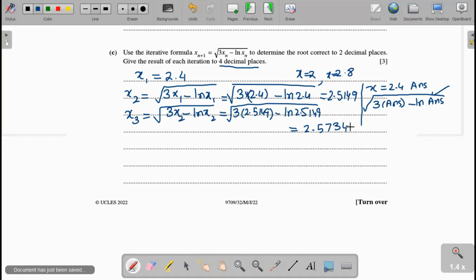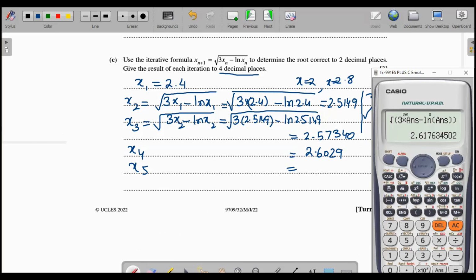Now we can write the next value, putting it again in the formula, which is equal to 2.6028. Now you can write 2.6029. And the value of x5 we already have is 2.6176.